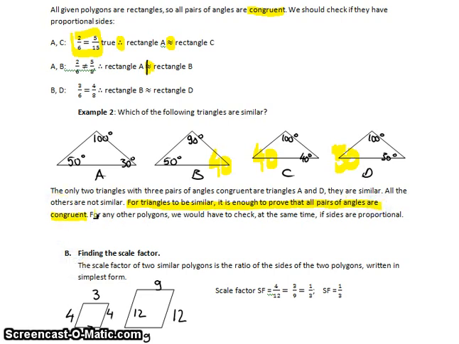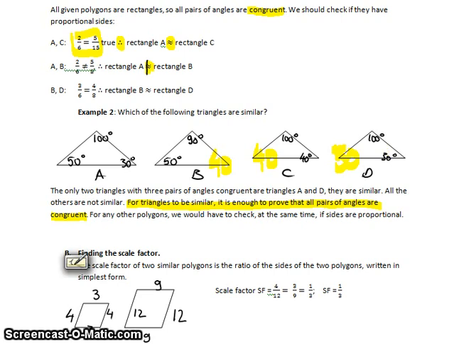For any other polygons, we would have to check not only the angles being congruent, but also if sides are proportional. To answer the question, triangles A and D are similar because they have 3 pairs of congruent angles.